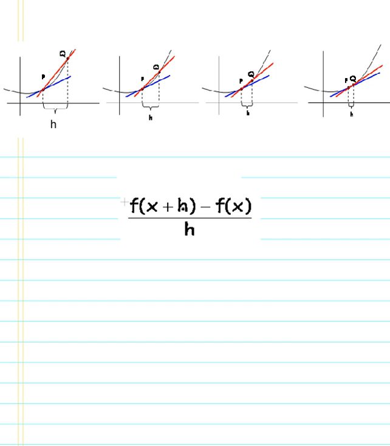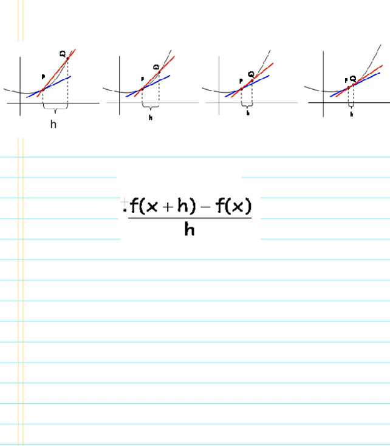So instead of saying h equals 0, what we're going to think about is this process of h getting smaller and smaller. The smaller the value of h, the closer to looking like a tangent line it is. As h gets infinitely close to 0, P and Q get infinitely close together, looking more and more like that tangent line all along.